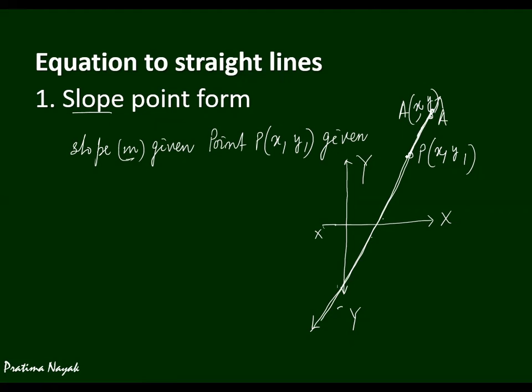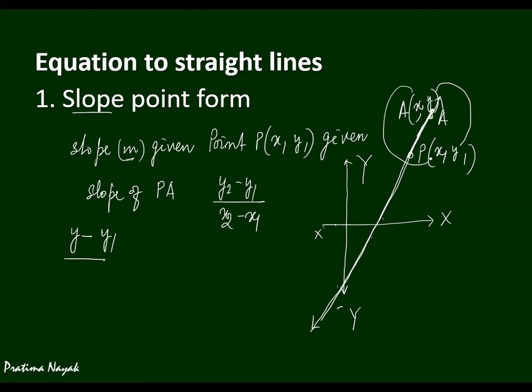Now what is the slope of your PA? Slope of PA is nothing but, you have learned how to find the slope, y2 minus y1 upon x2 minus x1. So here I will write y minus y1 upon x minus x1 is equal to how much?